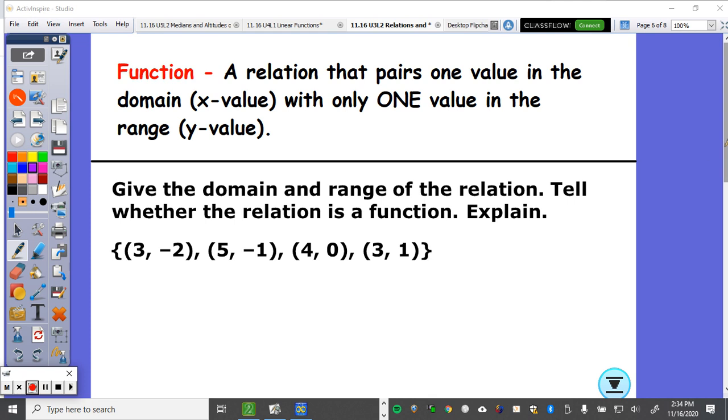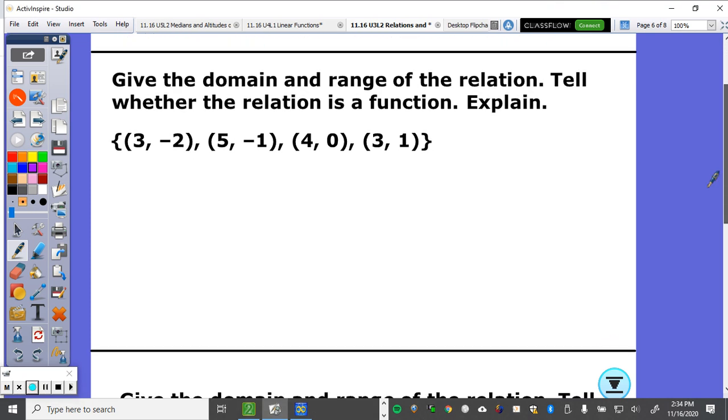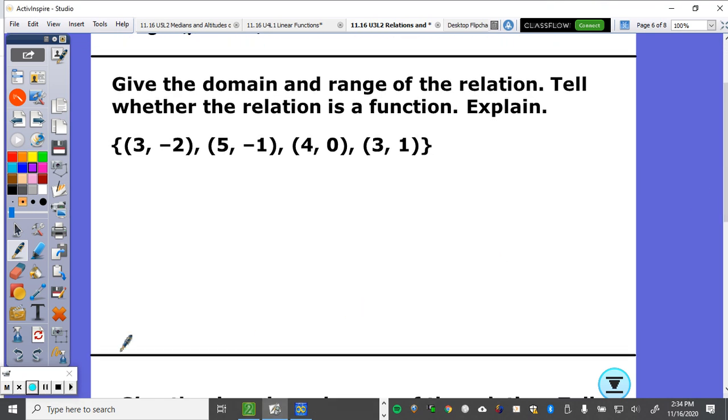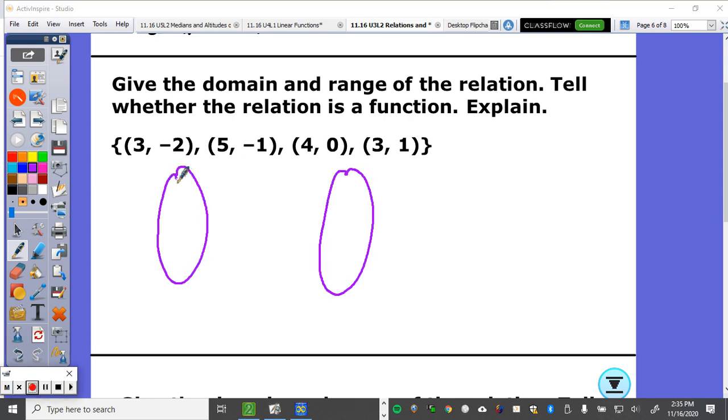All right, so for this next set, I want you to draw a mapping diagram, and I want you to tell me whether or not it's a function. So for my domain, I have a 3, I have a 5, and I have a 4. My range, I have a -2, a -1, 0, and a 1.